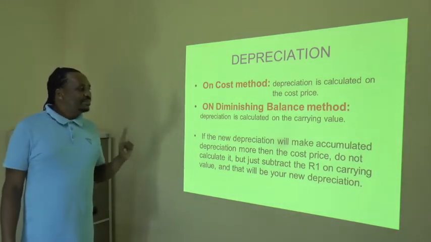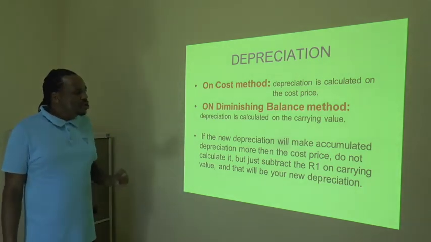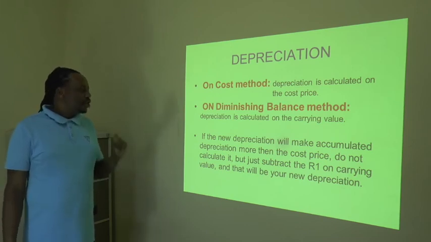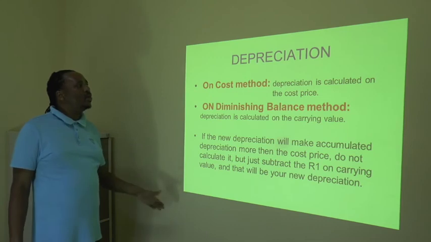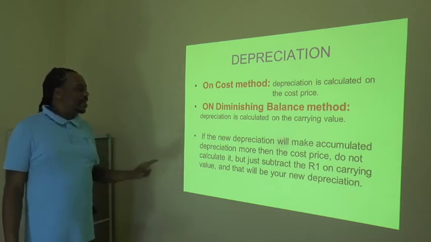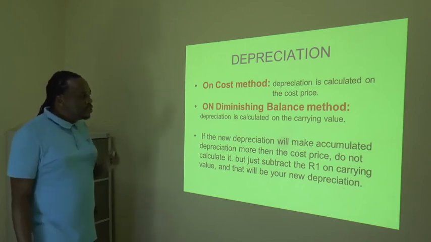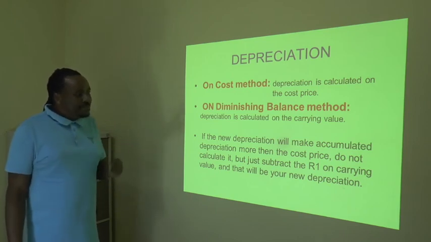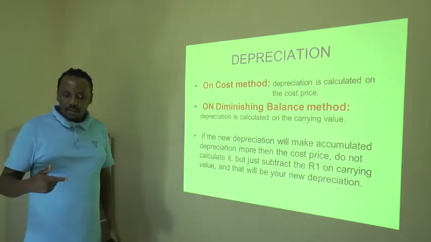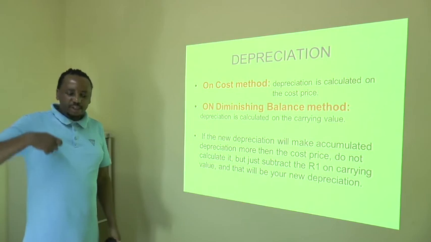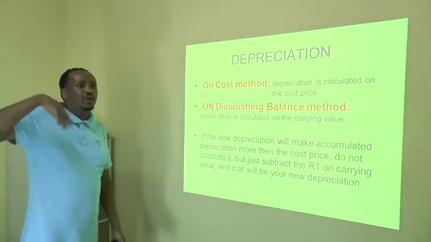If the new depreciation will make accumulated depreciation more than the cost price, do not calculate it. Remember, here we are talking about how to calculate the depreciation. You must also note this. When the asset depreciates each and every year, the value of the depreciation is going to accumulate.